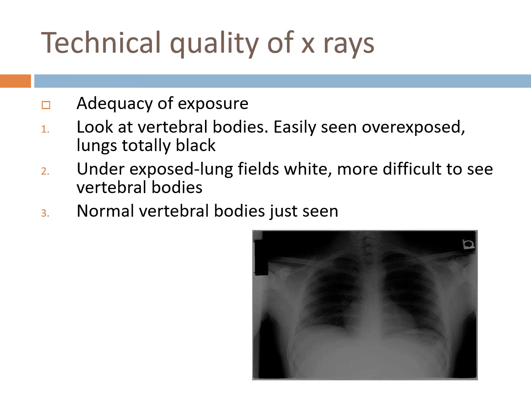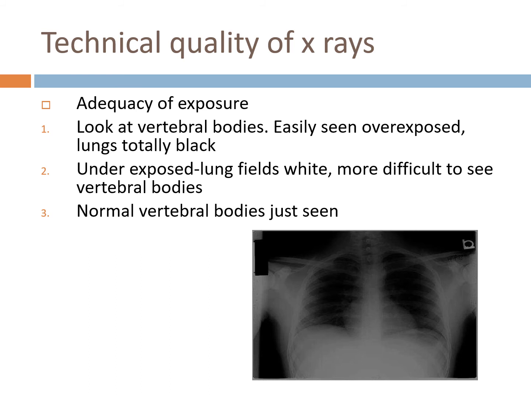Alright, I'm going to talk a little bit about the technical quality of the X-rays. A lot of this part you're going to go over as you watch the videos in those different lessons. So you're looking at the exposure. Again, this is generally the radiologist's job, or the rad tech's job, to make sure that they have taken a good picture.